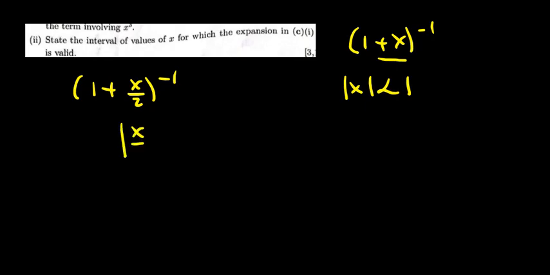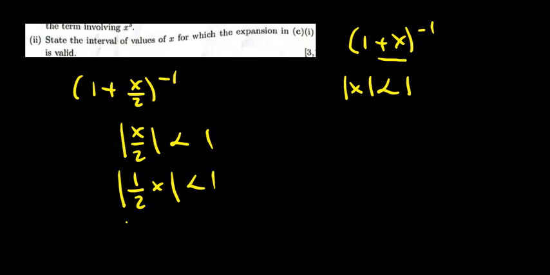So the modulus of x has to be less than 1. In this case, I had 1 plus x over 2 to the negative 1, so I check that x over 2 must be less than 1.